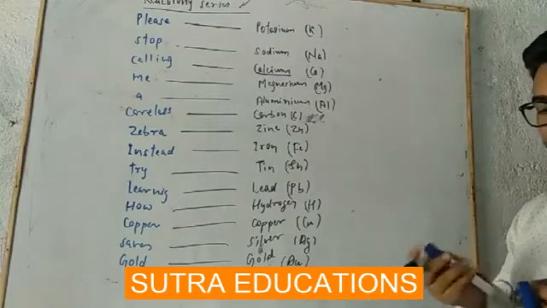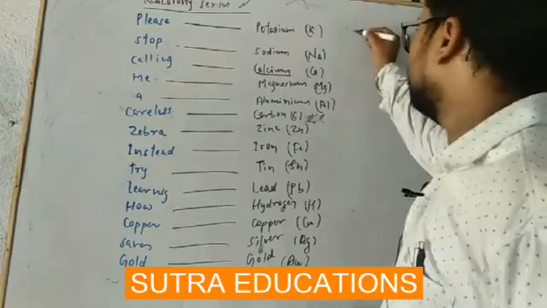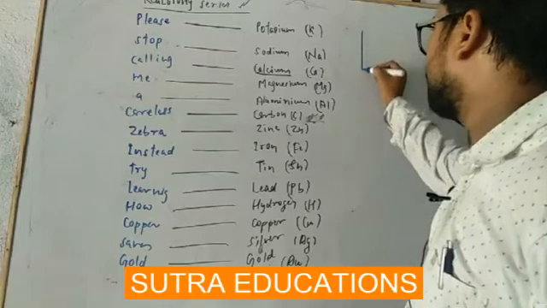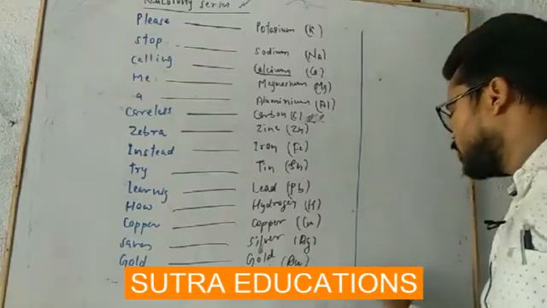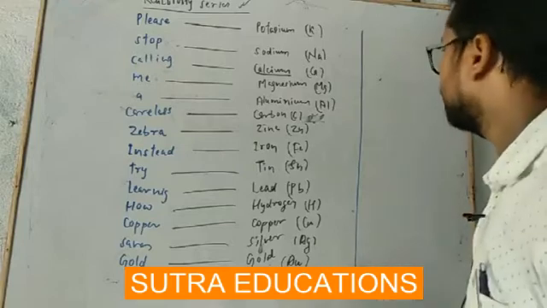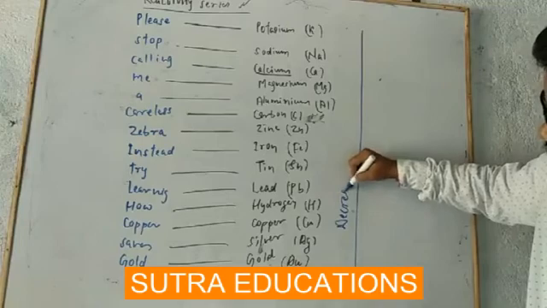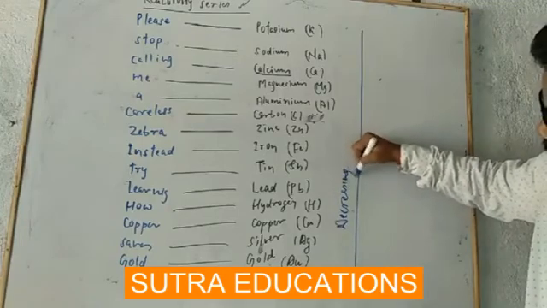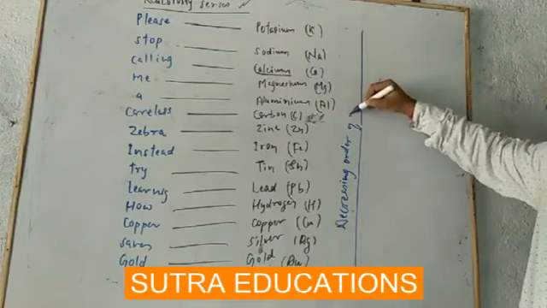And this is the decreasing order of reactivity. It means if you are going from top to bottom, this gives the decreasing order of reactivity.